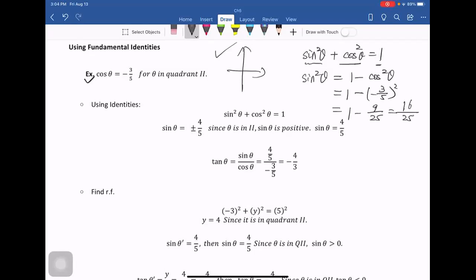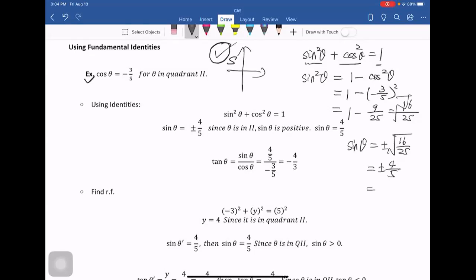16, sorry, 16. And sine theta equals the square root of this, right? Positive or negative, square root of 16/25. So which sign should I choose? Because it's in the second quadrant, the sine is positive.